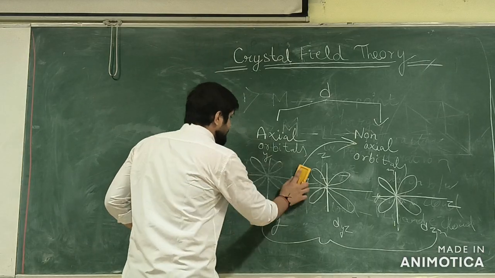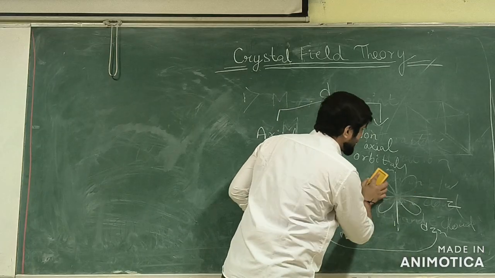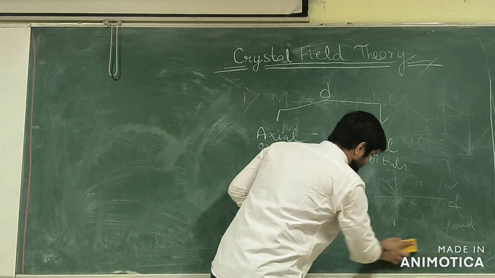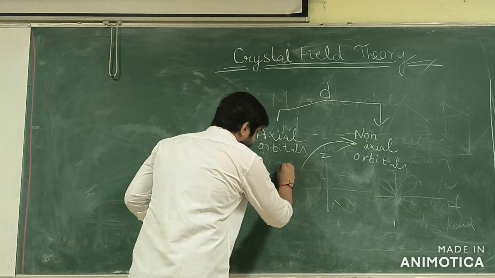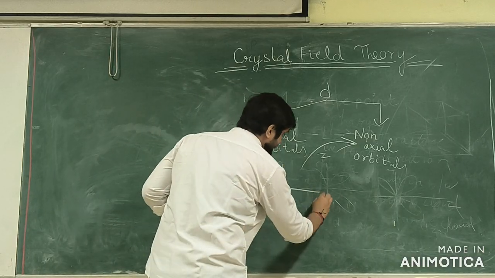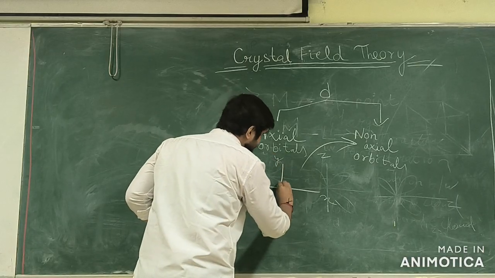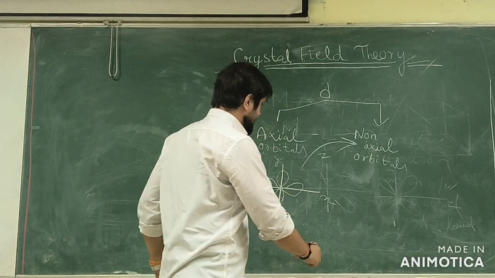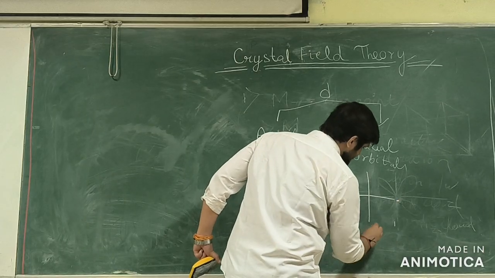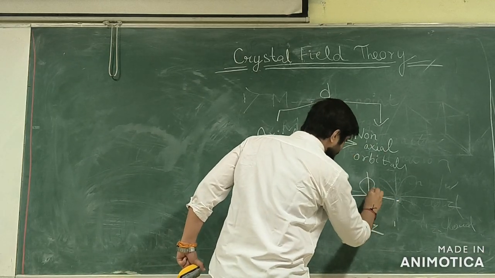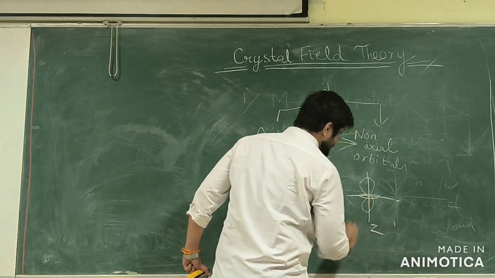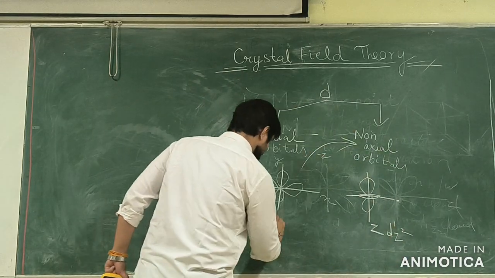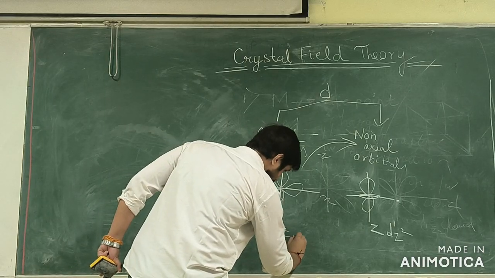So the next question is, what are the axial orbitals? Let's see that also. If this is the x axis and this is y, then the shape of dx square minus y square is something like this. And if it is the z axis, this is dz square.